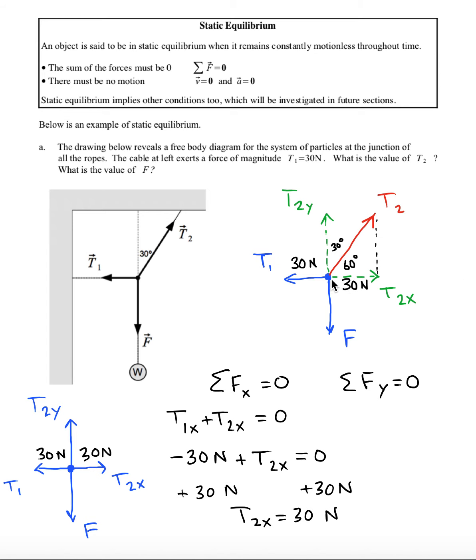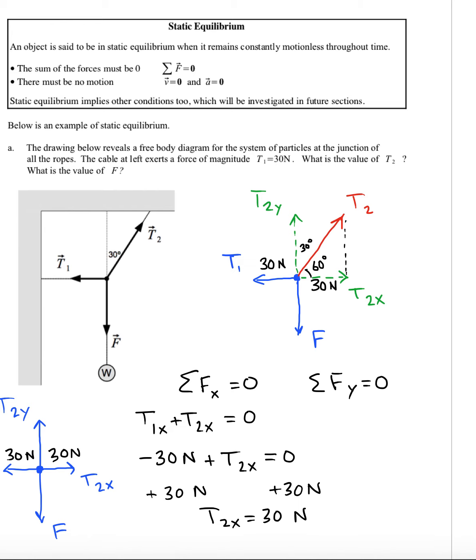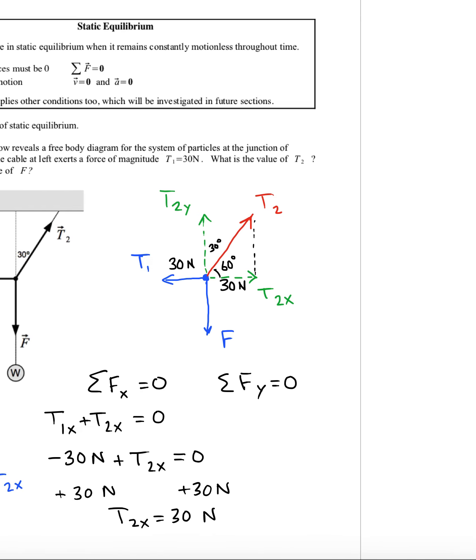We created a right triangle where one leg of the triangle is 30 newtons and the angle of that triangle is 60. So we can use SOHCAHTOA at this point. Cosine of the angle would be the best formula to use here to find out what T2 is. So I'll just do that over here on the side.